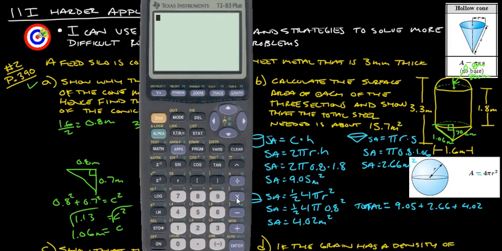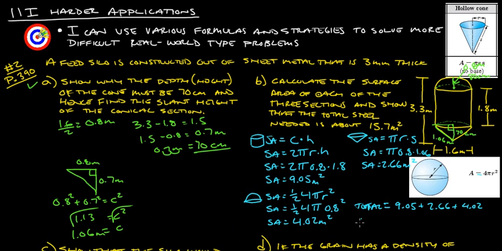So let's try that out. 9.05 plus 2.66 plus 4.02, and we get 15.73 square meters, and we were supposed to show that it's about 15.7, so we know we got that one right.